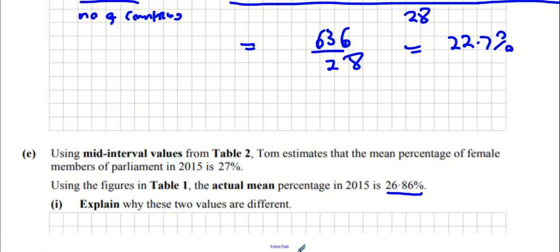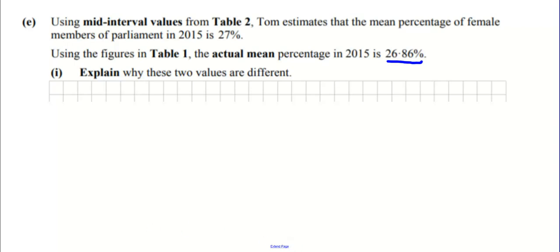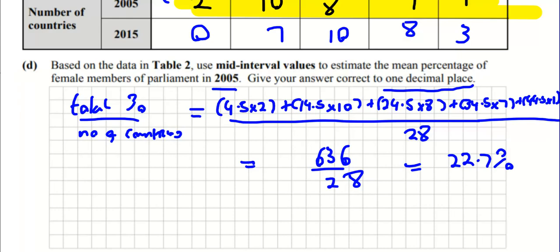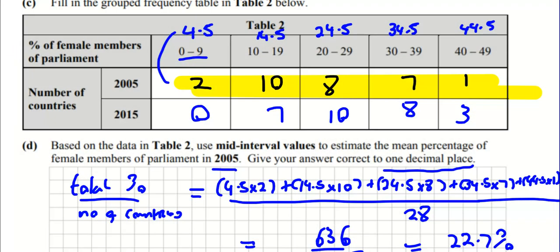Well, when you have 10 to 19 here, we're assuming 10 people scored 14.5, and that's not entirely true. That's just a rough estimate. All 10 people could score 19, in which case we'd be underestimating it. Likewise, all 10 people could have scored 11, but we're claiming that all 10 scored 14.5.